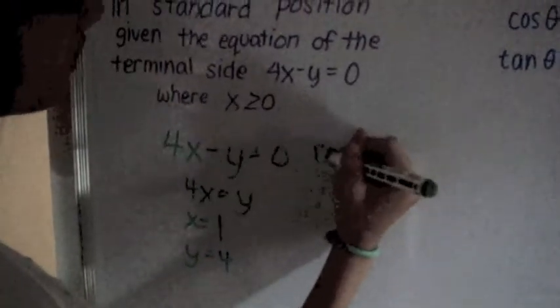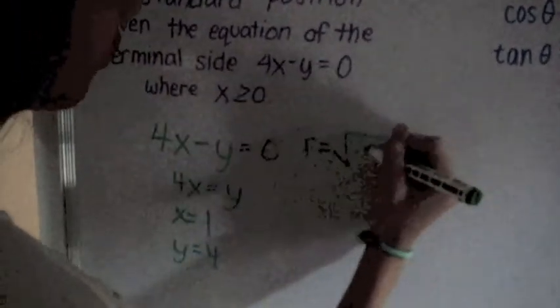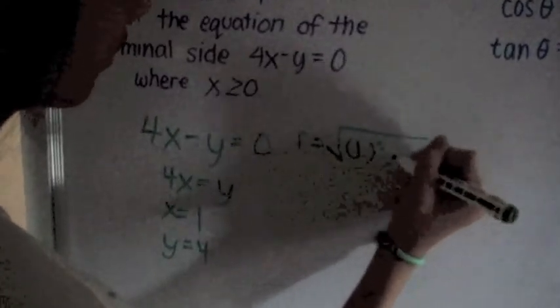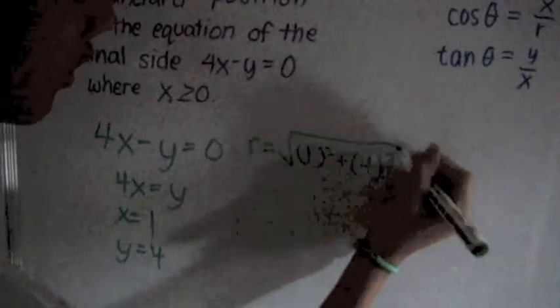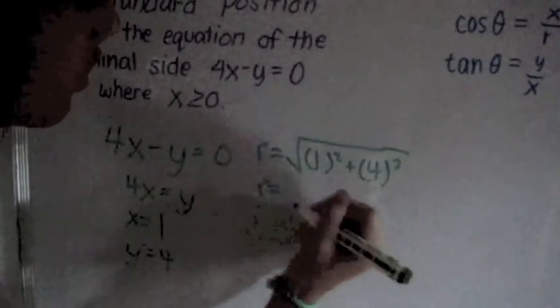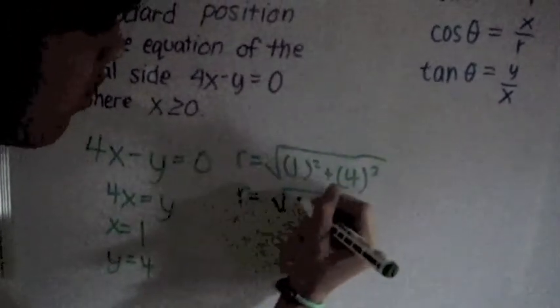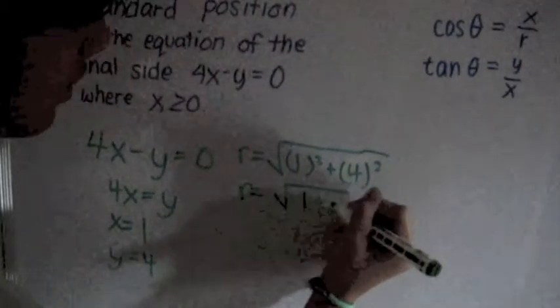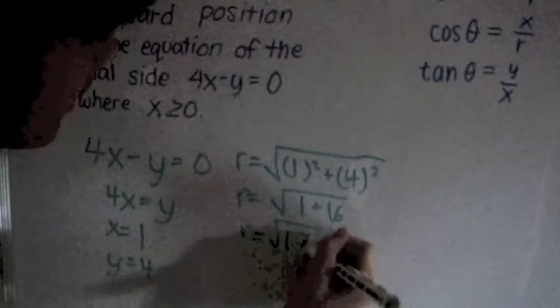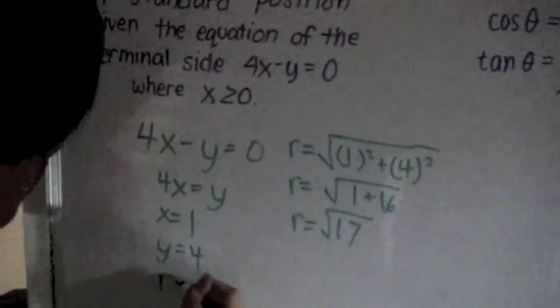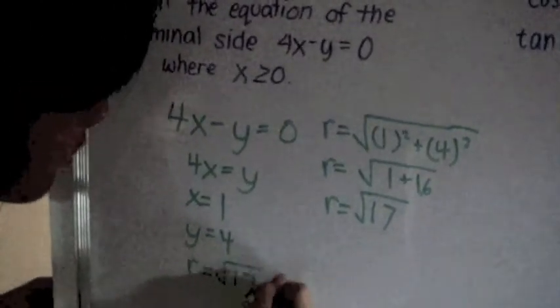To get r, that's equal to the square root of 1 squared plus 4 squared. So that's the square root of 1 plus 16. So that's the square root of 17. So r equals square root of 17.